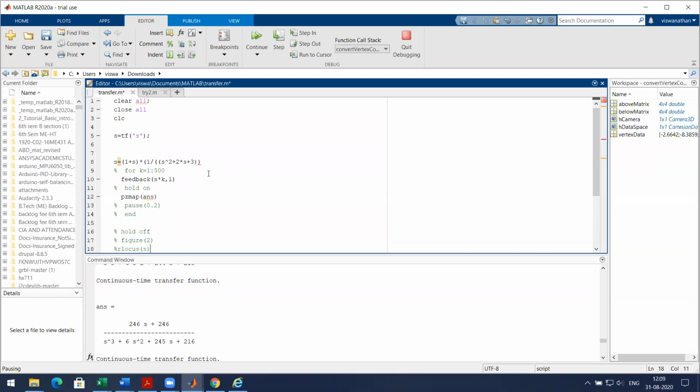That's the reason I've done this today. If you have an idea of where you should place that zero, and how the root locus plot changes when you add another zero and a pole, that will give some idea of what is happening to the root locus and to the controller.